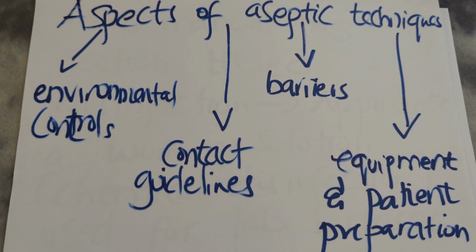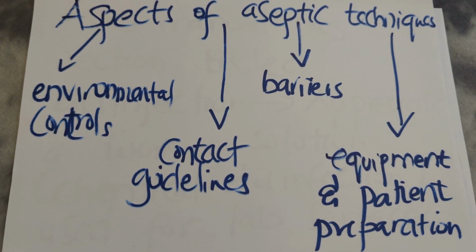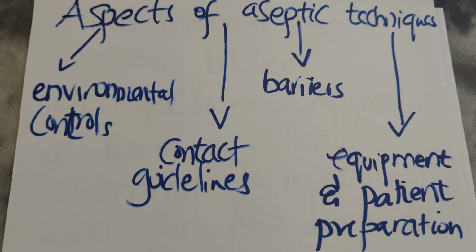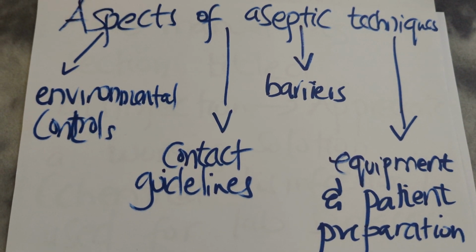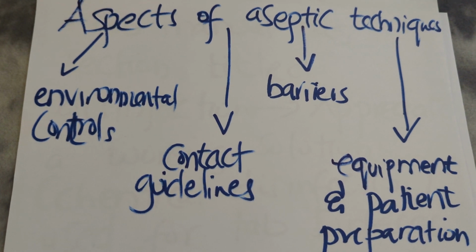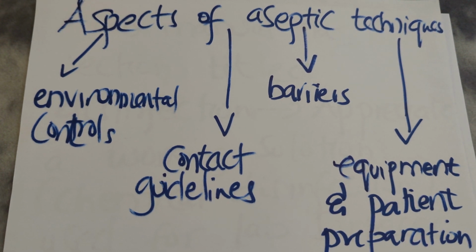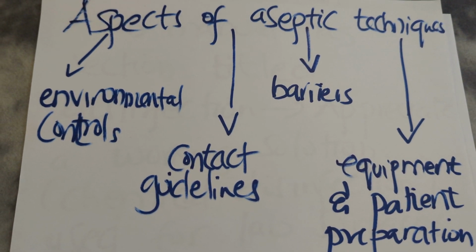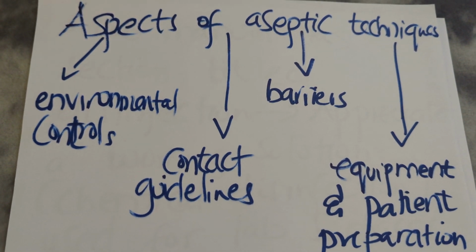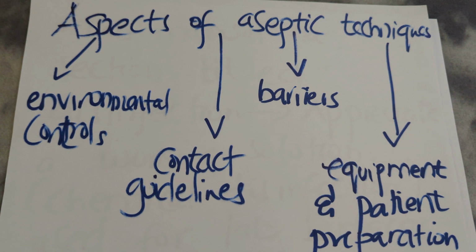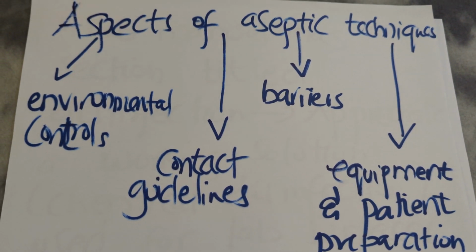So we're trying to control the environment, which limits the transmission of pathogens. Another example is isolation procedures, for example in the TB ward. There we are controlling the transmission of the pathogen and protecting one part of the area from another.